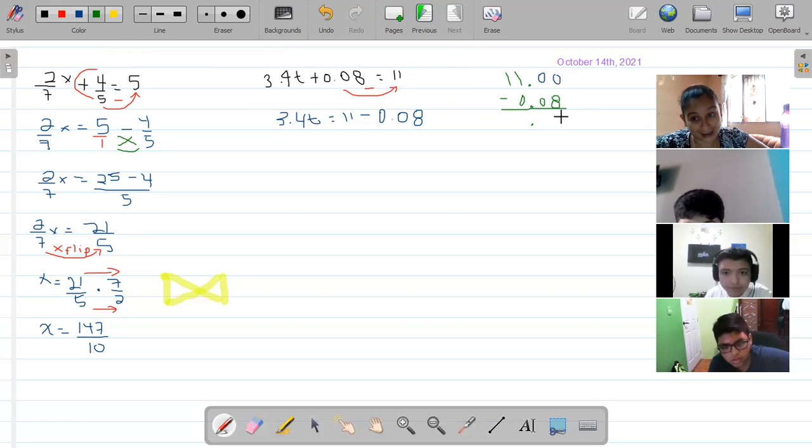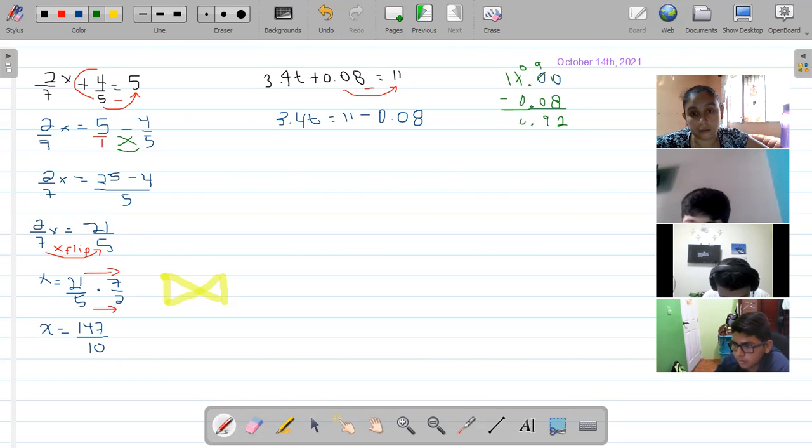0 minus 8, I cannot do that. So I'm gonna ask 1 from this, but this is a 0. So this asks 1 from this. This now will be 0. This became not 10, but since it lent 1, now it is 9. So 10 minus 8, 2, 9 minus 0, 9, 0 minus 0, 0, and 1 minus nothing, nothing.